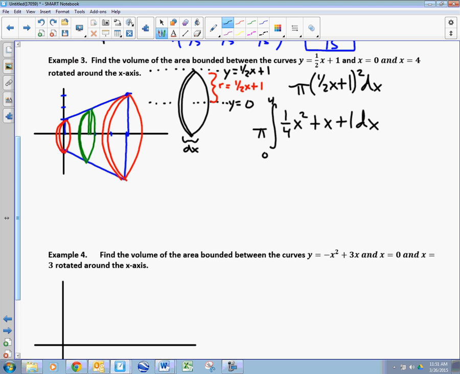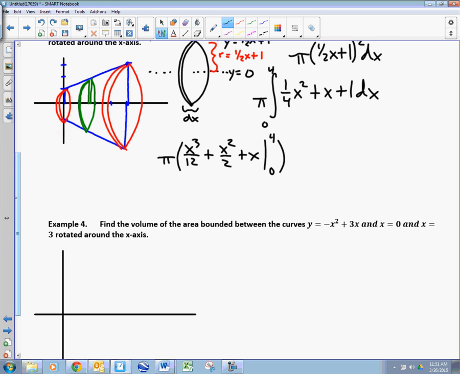What's the antiderivative of 1/4 x squared? Very good. X to the third over 12 plus x squared over 2 plus x. 64 over 12.